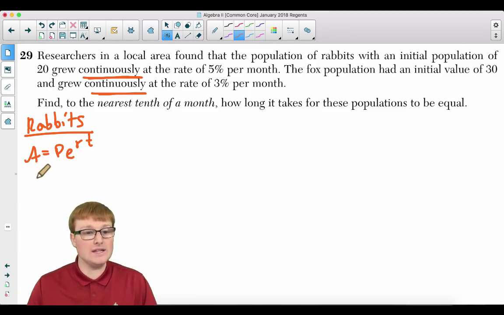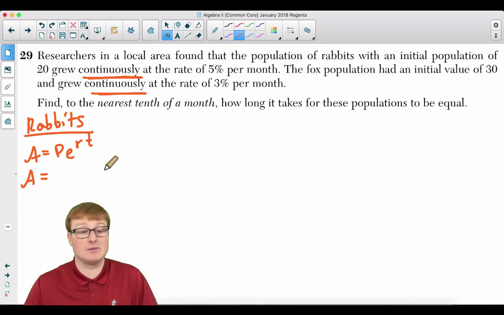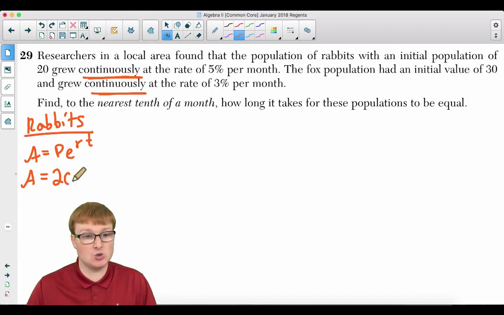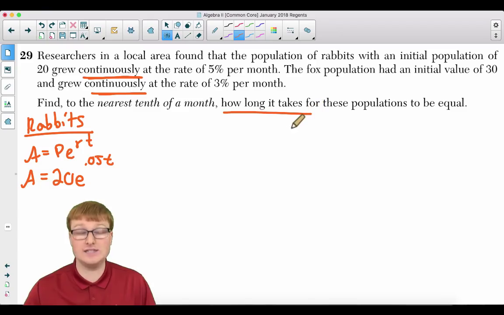Well, what is the rabbit equation? Well, the rabbit equation is going to be A is equal to, P is the initial amount. Well, how many rabbits were initially put into the population? It was an initial population of 20. So your P is 20. E remains the same. Your rate is 5%, you have to express that as a decimal. So it's 0.05 t. We're trying to find out how long it takes, so that's time.